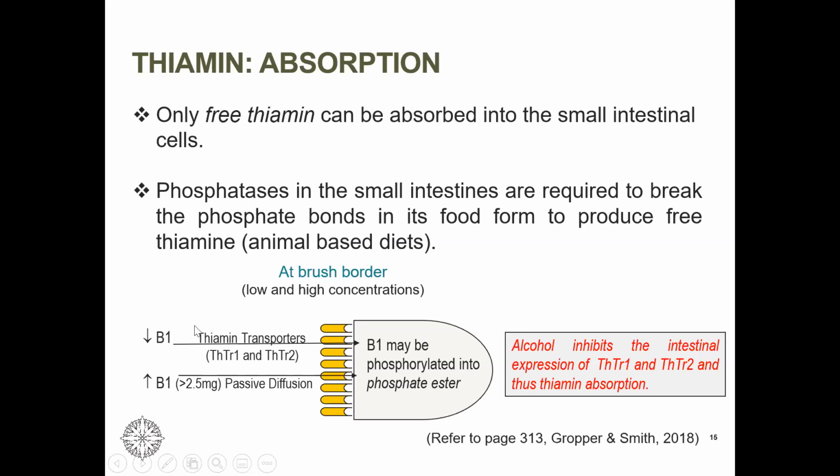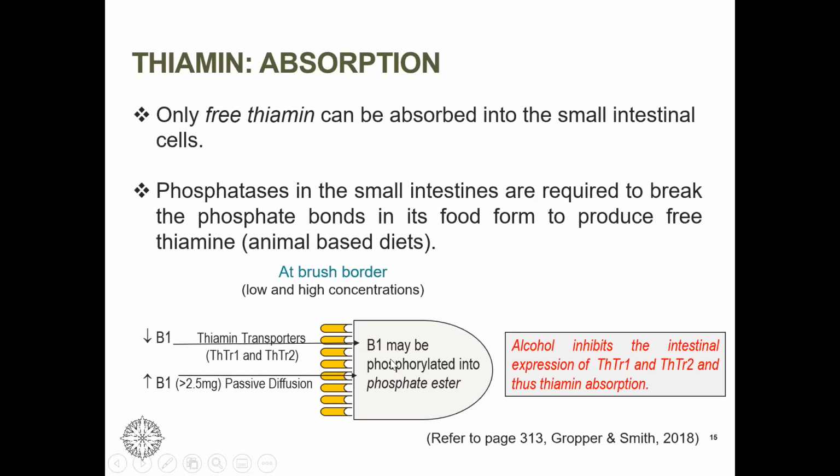But look at this. If B1 is in higher concentration, the body can simply absorb it by passive diffusion. Tricky, isn't it? And tricky from an exam perspective because you have to remember both.